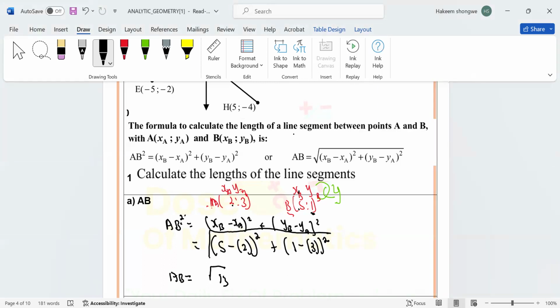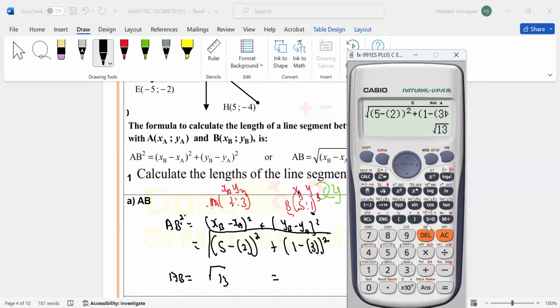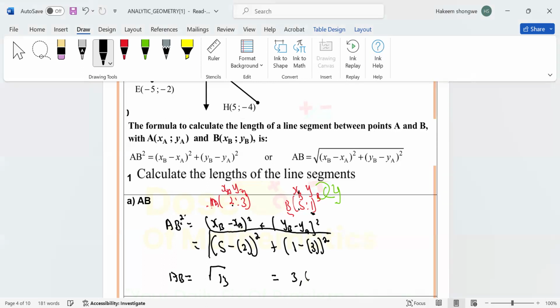This is in surd form. They can ask us to leave our answer in surd form, or they can ask us to leave our answer in 2 decimal places. So what is this equivalent to in 2 decimal places? Just press S-D. It's 3,61. So a question like this one is going to be done this way.